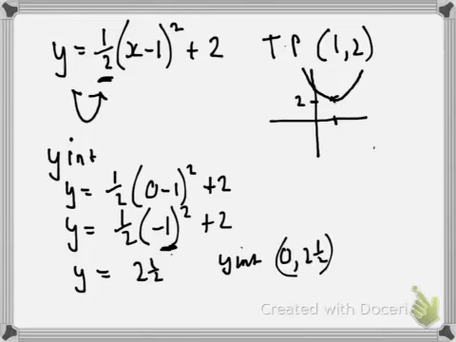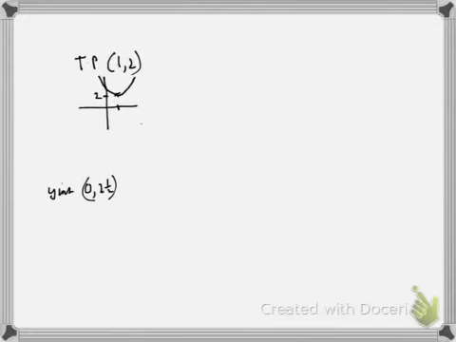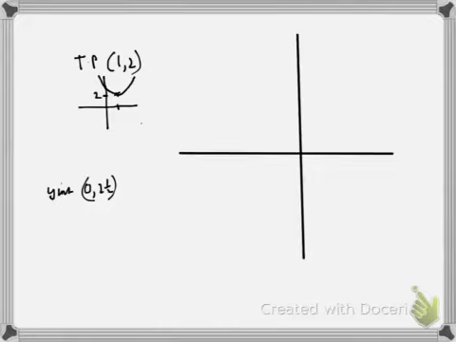Alright, so we're ready to draw the graph here, and we'll draw it a bit neater than what I've got at the moment. So let's copy that over to the next slide. I've got my turning point and my y-intercept. So draw up some axes, like so.